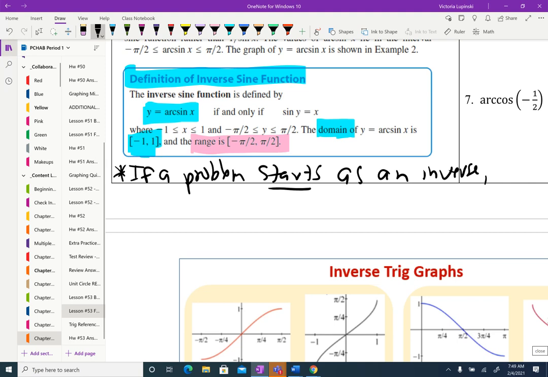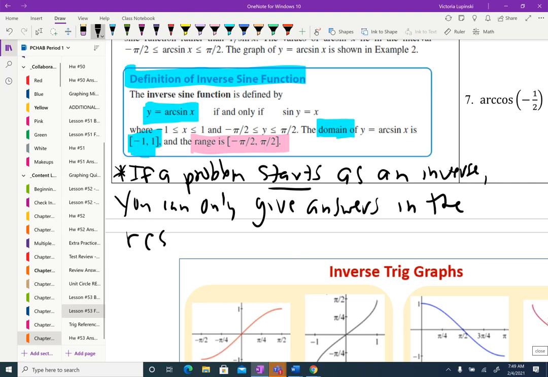But if a problem starts as an inverse, you can only give answers in the restricted domain and range. So write that down, and then you're going to see it in action in just a minute.